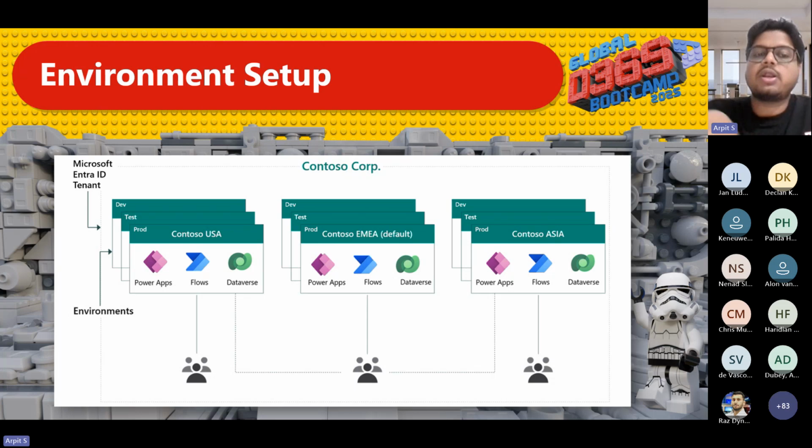So in that case you can create different environments. Sometimes you have to create an environment based on location. For example, one of your customers is in the US, one is in the UK, and one is in India. In that case you can also create different environments based on location. So this is basically the definition of the environment.